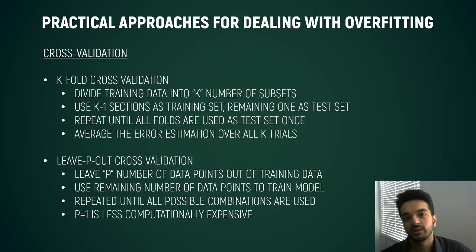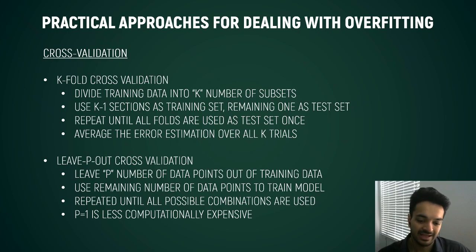Another way to do cross-validation is through leave-p-out cross-validation. You leave p number of data points out of the training data. For example, you can select p as 20 from an overall training set of 1,000, so you'd have 20 for testing and 980 for training. However, this has to be repeated until all combinations are used.